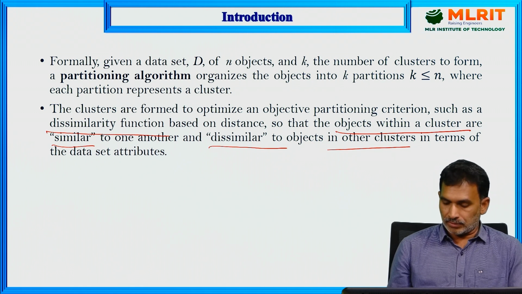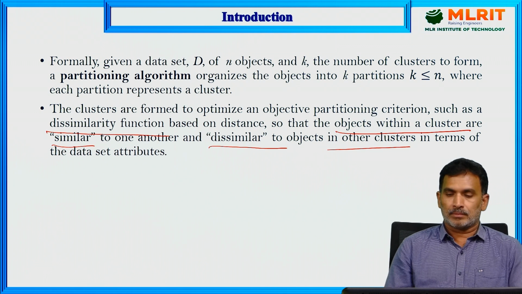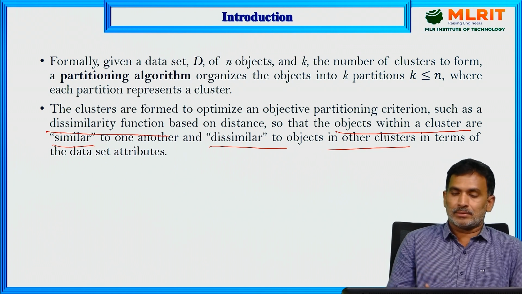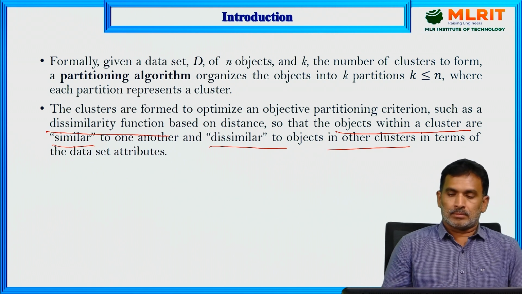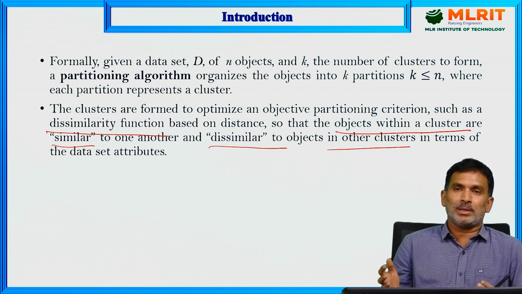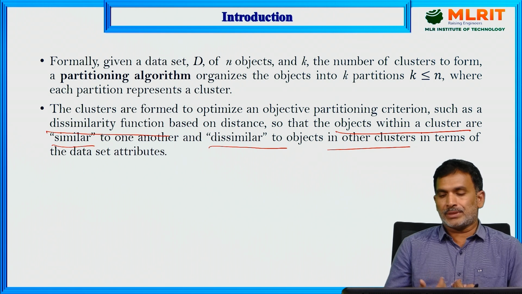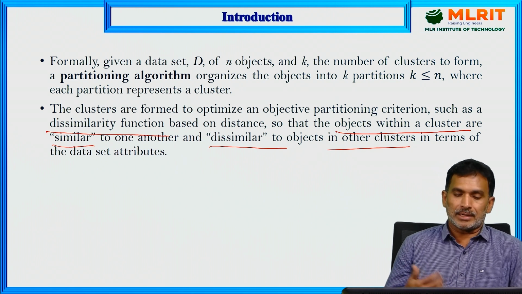So we have to optimize this objective function, or the partitioning criterion, when partitioning the objects. What needs to be optimized is the distance: objects within a cluster are similar, and objects in other clusters are dissimilar.